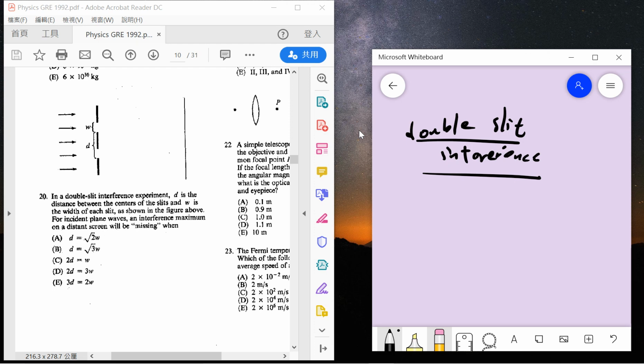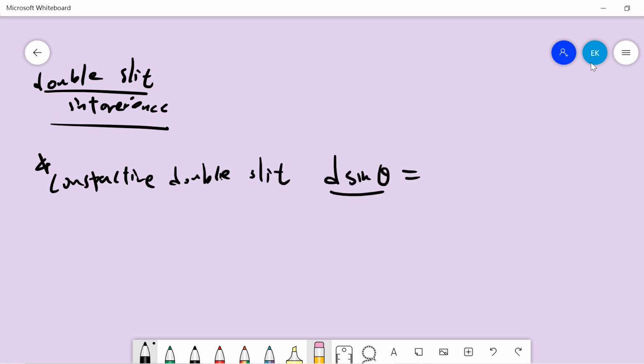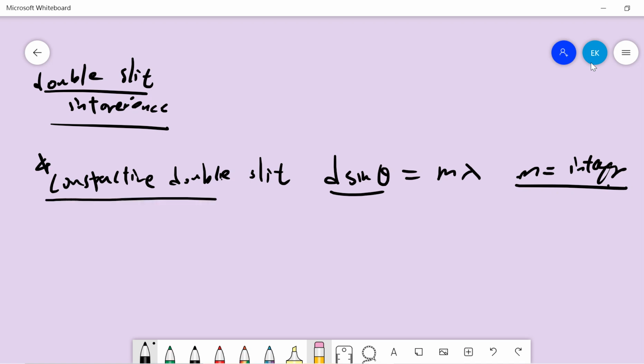Remember that this is the formula you need to remember. The constructive double slit needs to satisfy this formula, where m is an integer. This is the double slit.